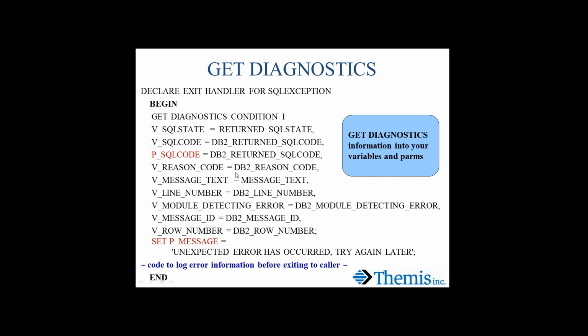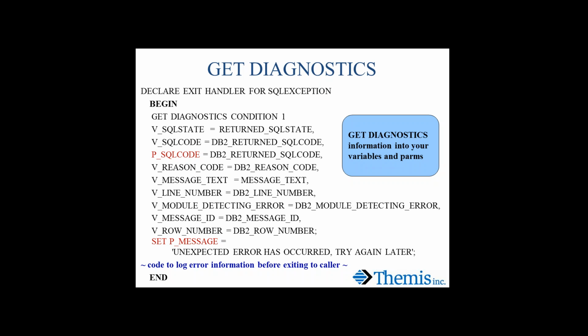I'm going to get my reason code, my message text, my line number, all of those diagnostics areas, and move them to my variables that I've declared within my procedure.